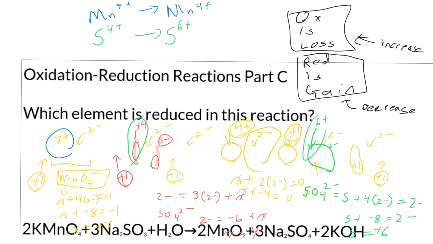So those are the 2 elements that are changing. Who's being oxidized and who's being reduced? Well, oxidation is loss. So we're looking for the increase. Who's increasing? Sulfur is increasing. So the sulfur is being oxidized here, since its oxidation number is increasing.